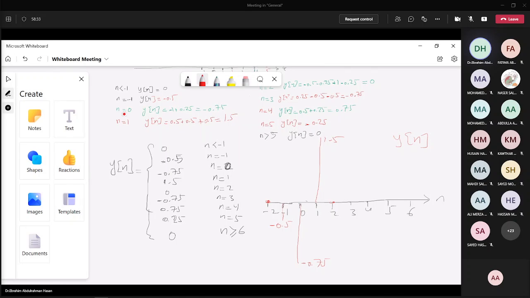At 3, it is equal to minus 0.75. At 4, equal to plus 0.75. At 5, equal to 0.25. At 6 and above, equal to 0.